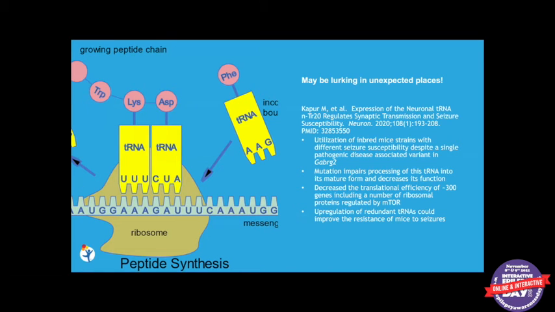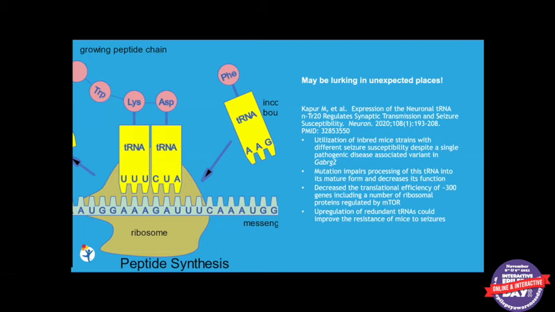I think this was an exciting discovery for me in preparing for this talk: some of those modifier genes may actually be lurking in very unexpected places. On the left, I've put a cartoon about how the body translates our genetic code into proteins, right? It has the messenger RNA at the bottom there with all the letters and the little rungs or sprockets.